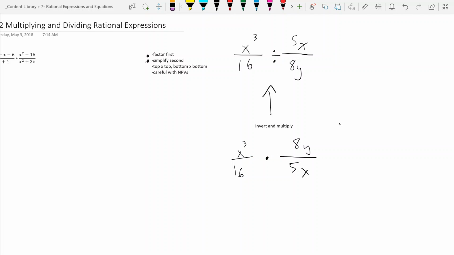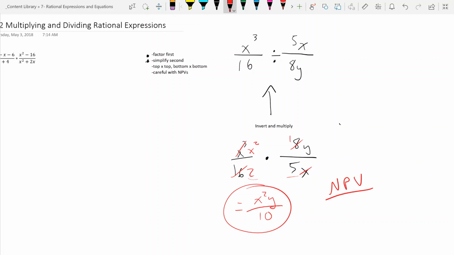So if there's something common, in this case, they both have x, I'm going to cancel them out. So x cubed divided by x gives you x squared. 8 divided by 16 turns into 1 over 2, and that's it. So when we simplify that, you get x squared y over 2 times 5, which is 10. That's going to be our final answer.